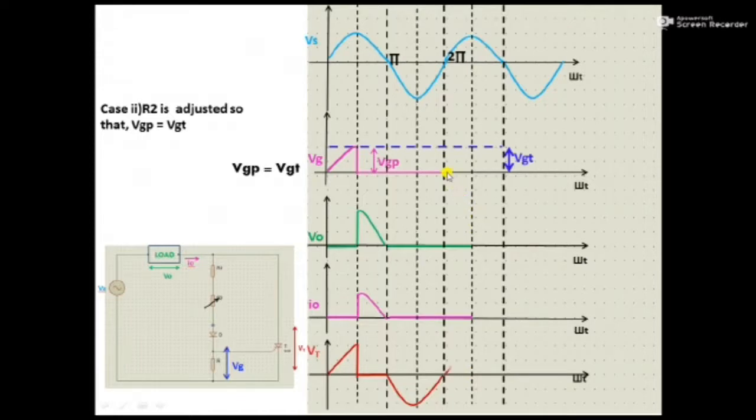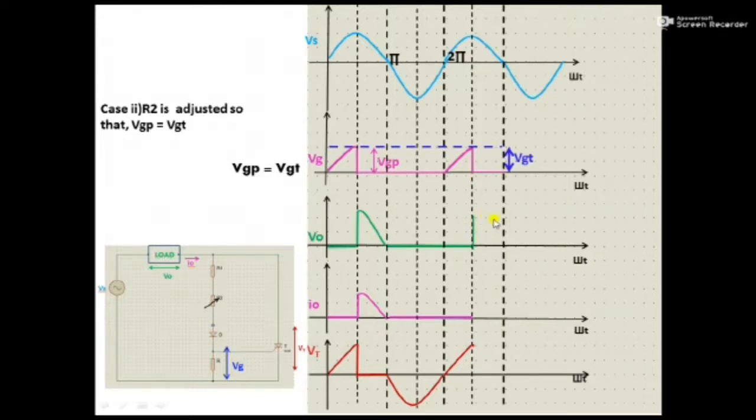As the supply voltage starts increasing, your gate voltage, the voltage across this resistor Vg, also starts to increase. As it increases and reaches this point, Vgp is equal to Vgt, and the thyristor turns on. Once the thyristor turns on, the gate loses its control over the thyristor and goes back to 0.